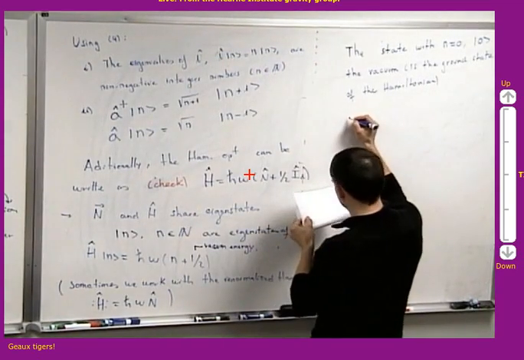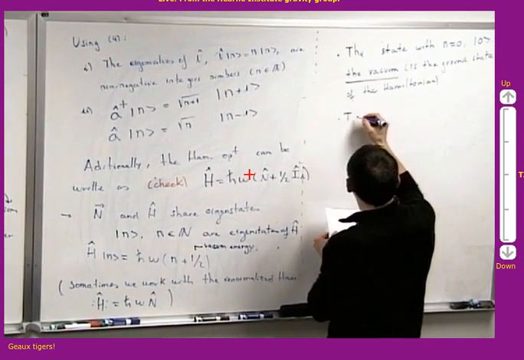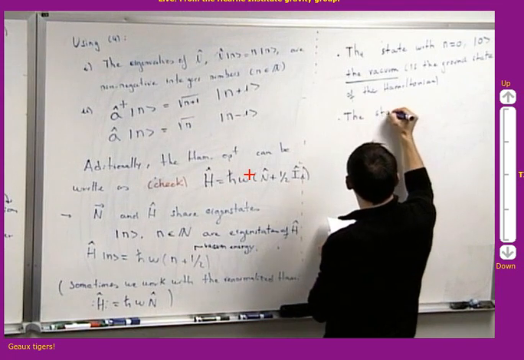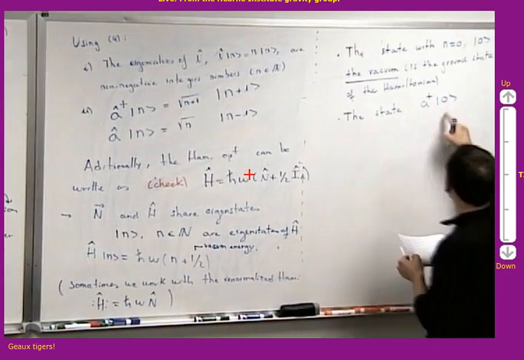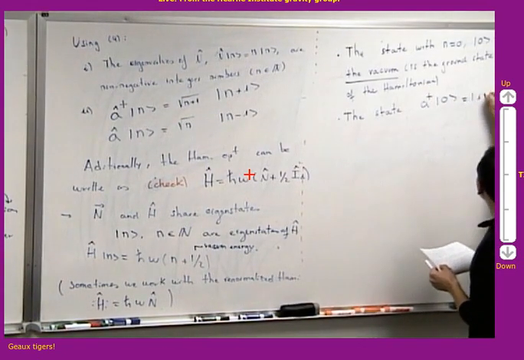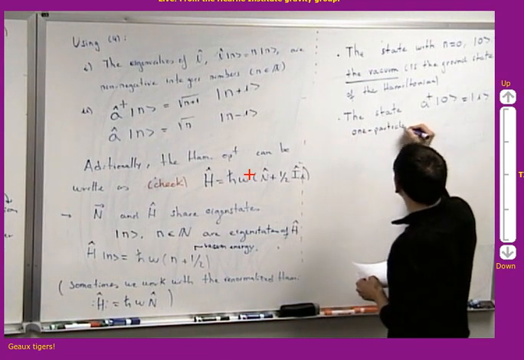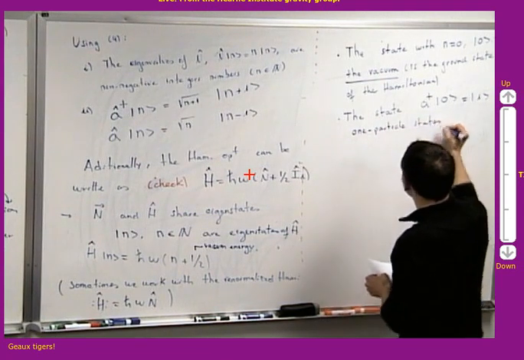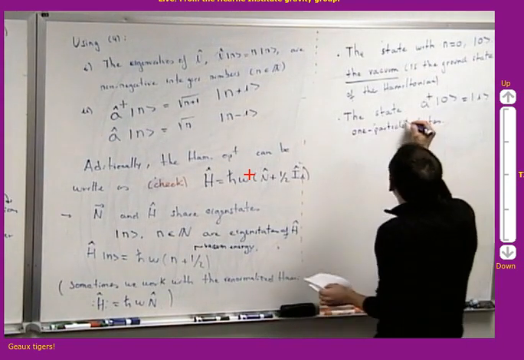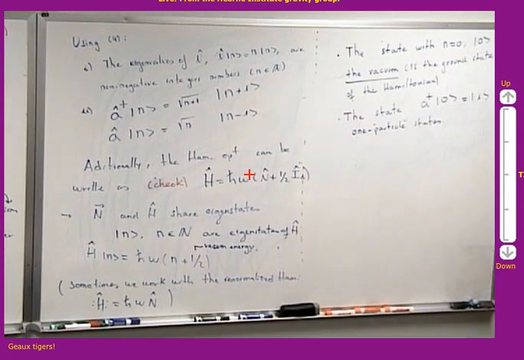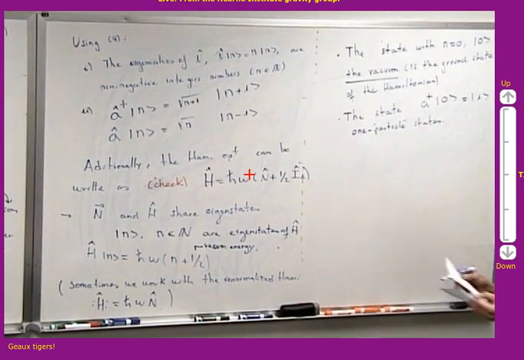This defines our vacuum. Then the state that we obtain by acting with a dagger on the vacuum is what we call a one particle state. They have one quanta, one excitation over the vacuum. So they have energy H bar omega over the vacuum.